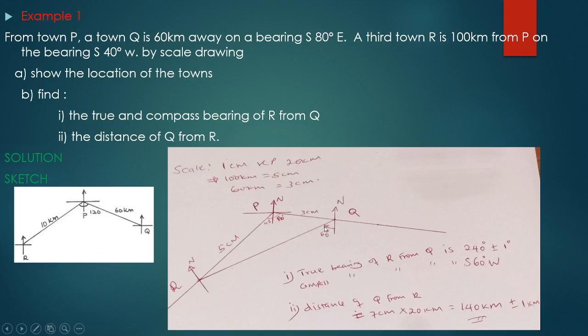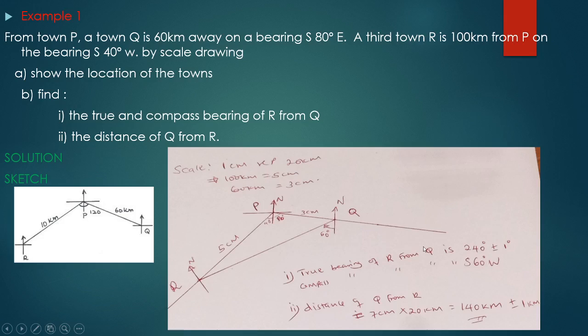That means from here to here, which is 180, plus you measure this angle here, which gives you 60, because you put your protractor here and read in the clockwise direction up to this point, you'll find it is 60. So it is 180 plus 60, which gives you 240 degrees. We usually give plus or minus 1 degree and sometimes 2 degrees.